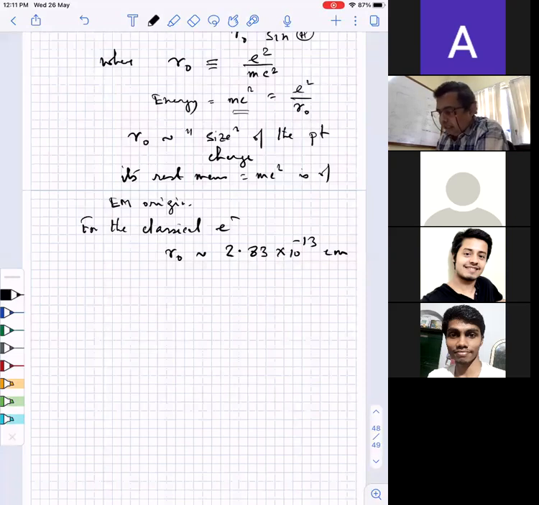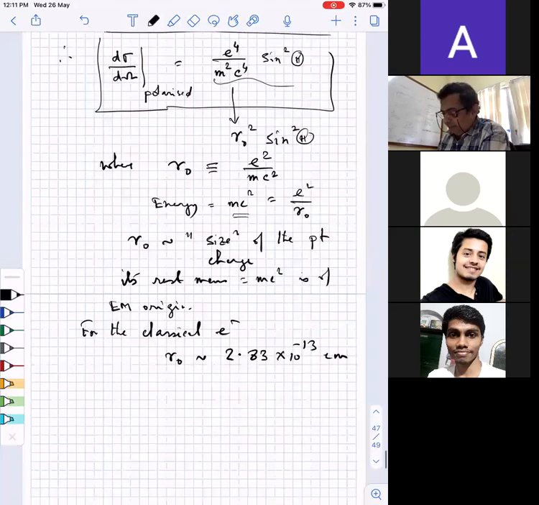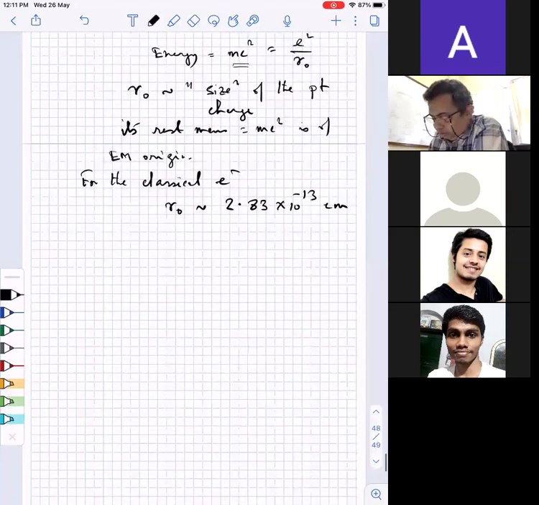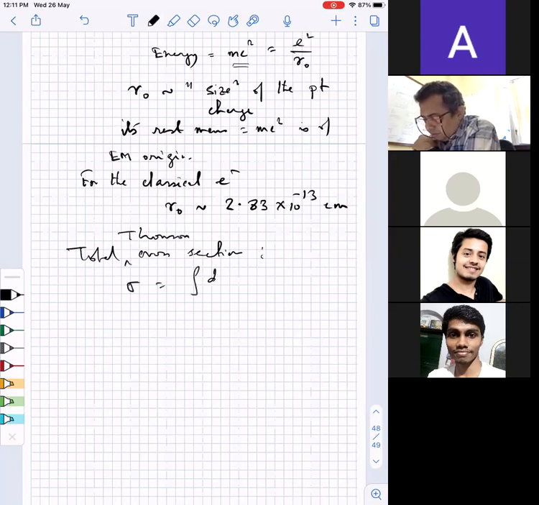Okay. By the way, once you have this, I can integrate this to get the total cross section. So the total Thomson cross section sigma is the integral of d sigma by d omega, and this is basically 8 pi by 3 R0 squared.